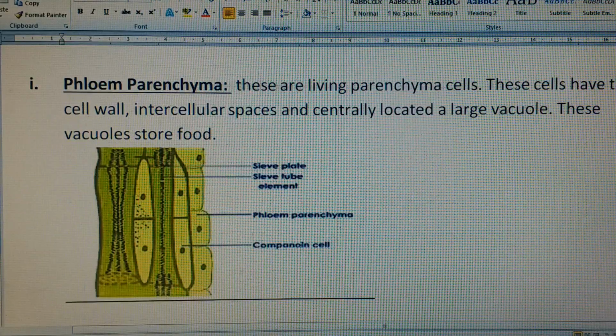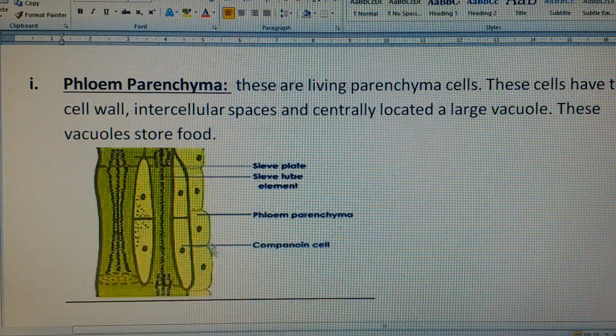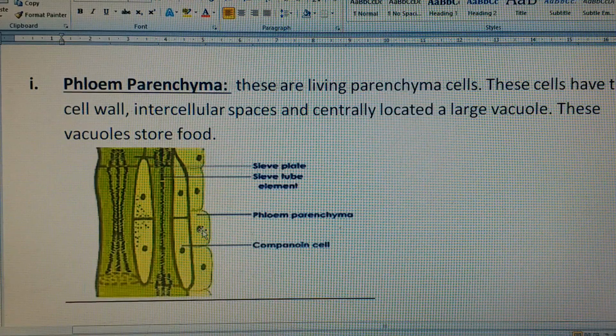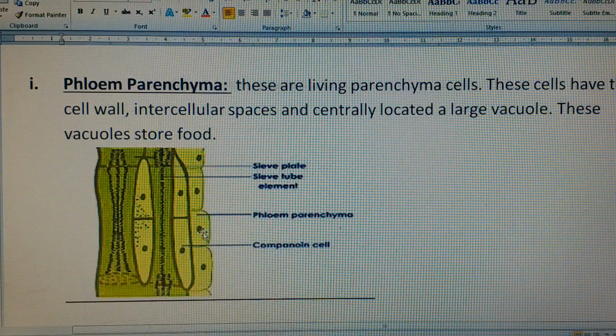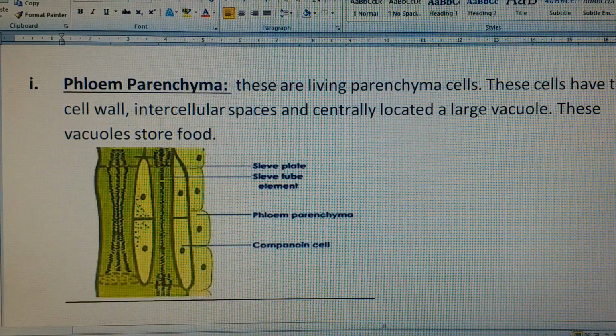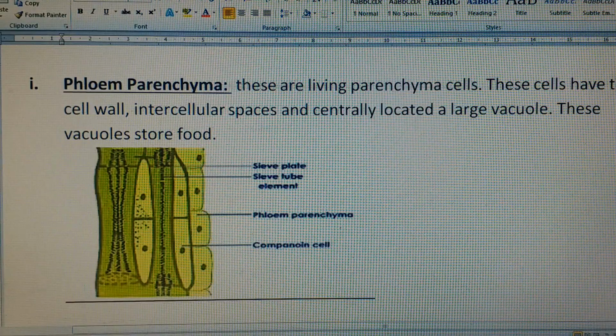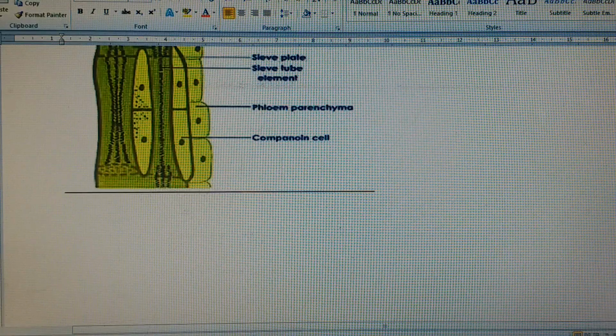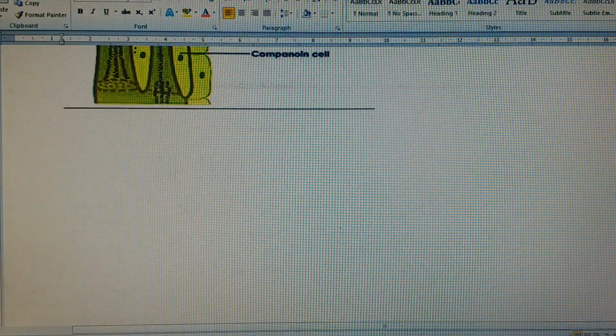They have a thin cell wall and intercellular space, meaning the space between two cells. A large, centrally located vacuole is also present, and this vacuole is used to store food.